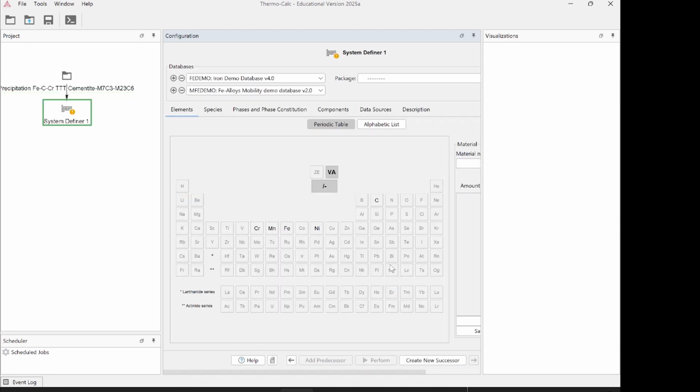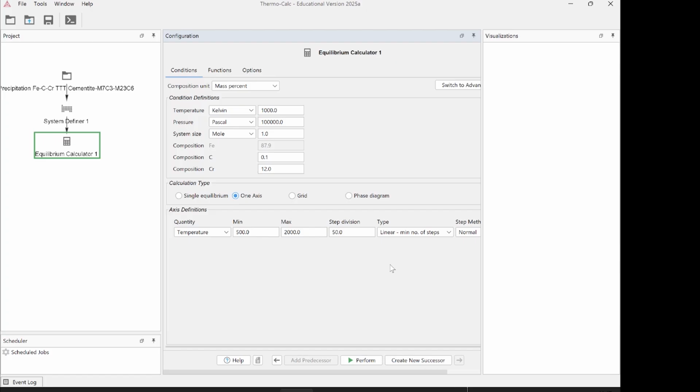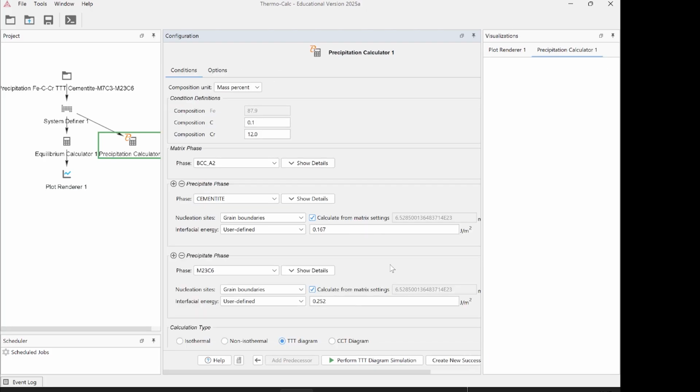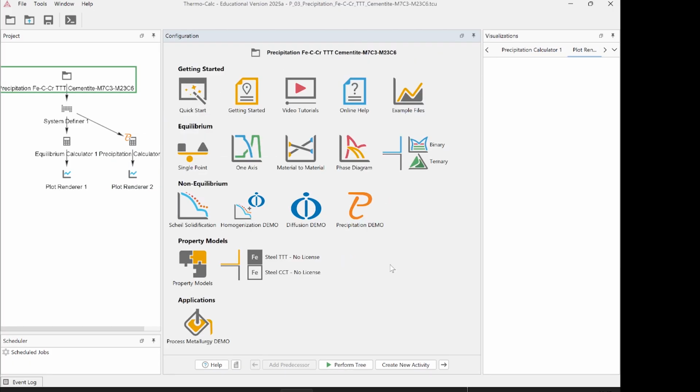Wait for a few seconds. Now it's done. You can click on this System Definer.